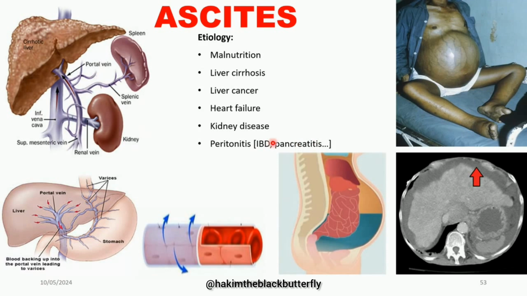These patients are going to have peritonitis if there is inflammation of the peritoneal membranes. These membranes can increase the amount of fluids within the peritoneal cavity because of the inflammation. We know that whenever inflammation goes on, fluids are produced. So patients with peritonitis can also present with ascites.